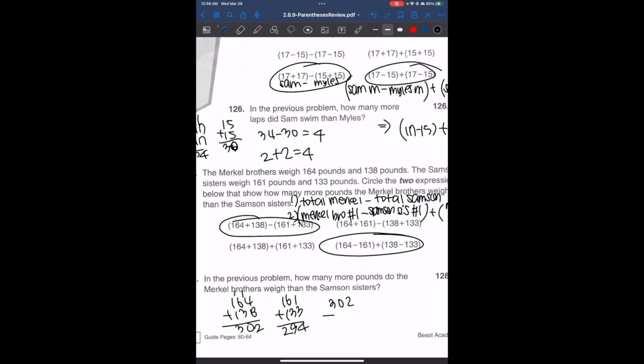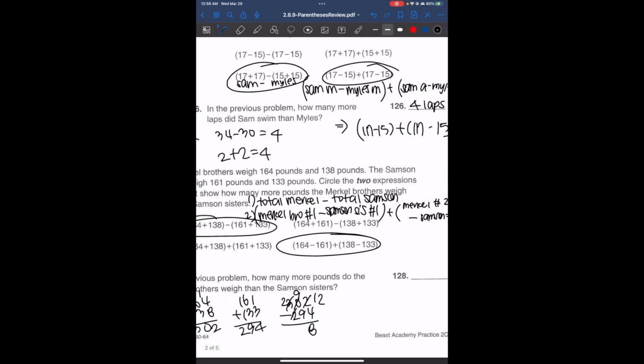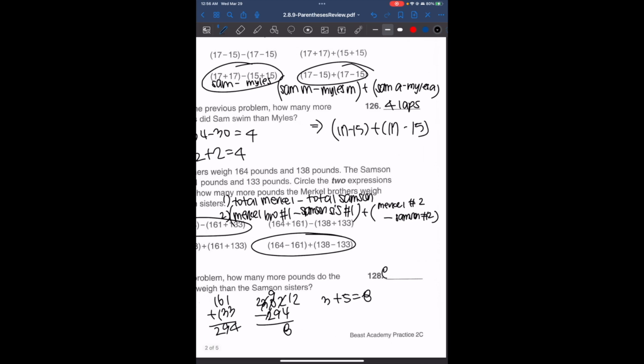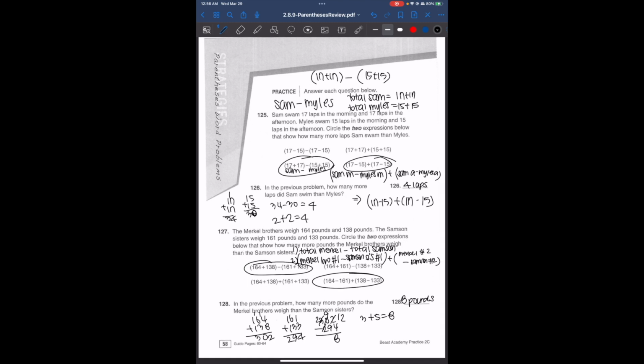So 302 minus 294 should equal 8. Now if we do this expression, 164 minus 161 is 3. 138 minus 133 is 5, and that gives us 8. So eventually we get the same answer, 8 pounds.